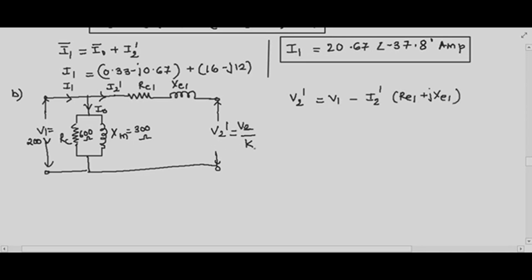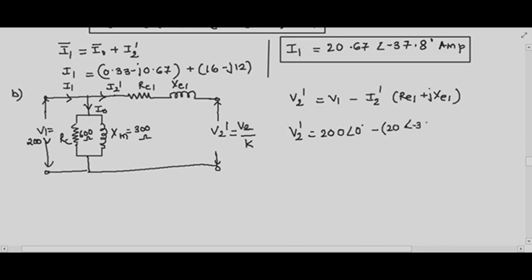Okay, so V2 dash equals 200 at an angle of 0 degree. Let V be your reference vector, minus I2 dash, which we got as 20 at an angle of cos inverse of 0.8.